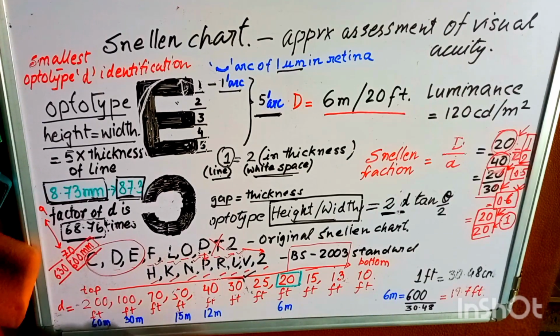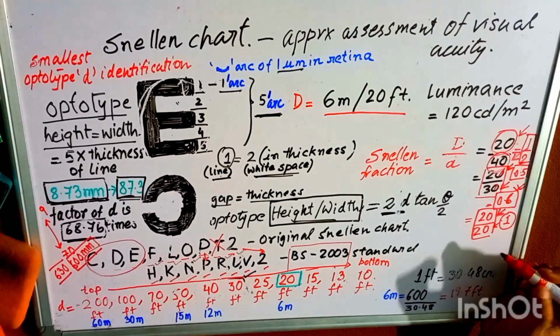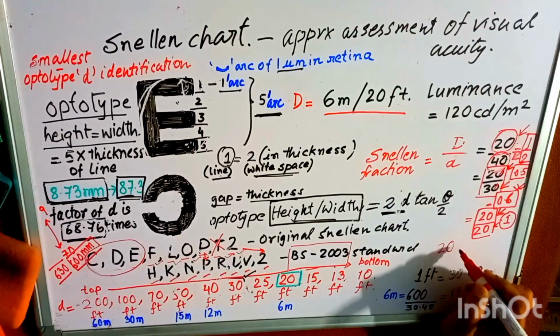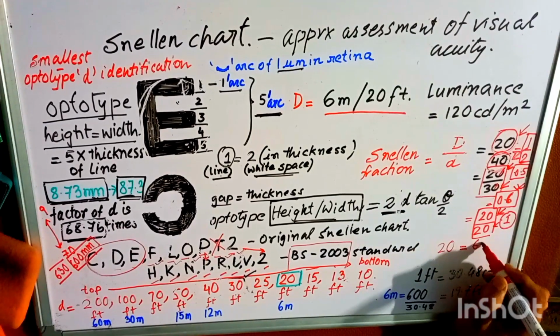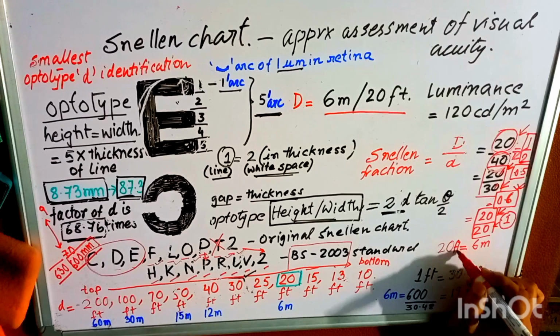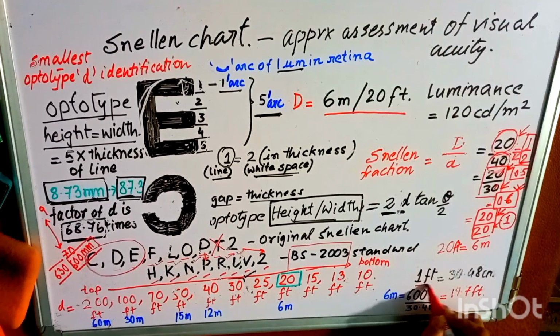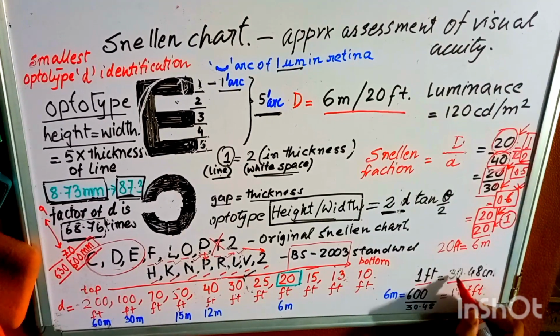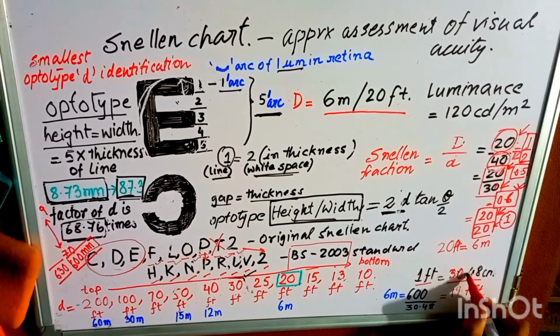Now, just quickly to revise, I have alternatively used 20 feet and 6 meters. 20 feet is equal to 6 meters, because 1 foot is around 30.48 centimeters.